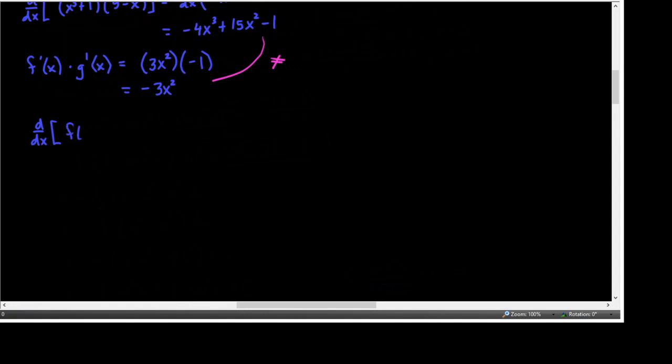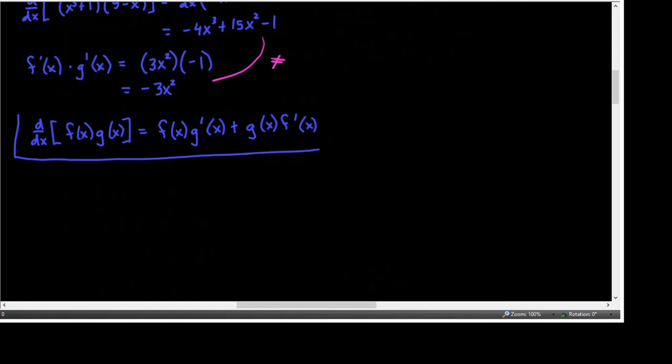If you are asked for the derivative of the product of two functions, the answer is the first function multiplied by the derivative of the second function plus the second function multiplied by the derivative of the first function. That's the product rule, and you need to get that memorized. This needs to be in your list of things you can do.